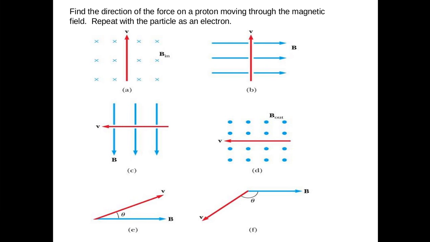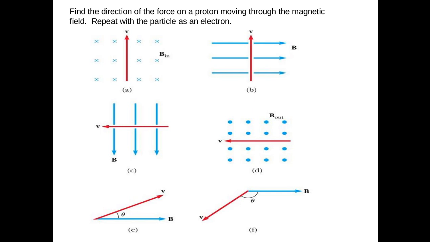Alright, so hopefully you're doing this along with me here. Let's do part A. Right hand, fingers in the direction of V, that's up, positive y direction. The magnetic field is into the page, I've got the back of the arrow, so I curl my fingers into the page. My thumb is pointing to the left, the negative x direction.